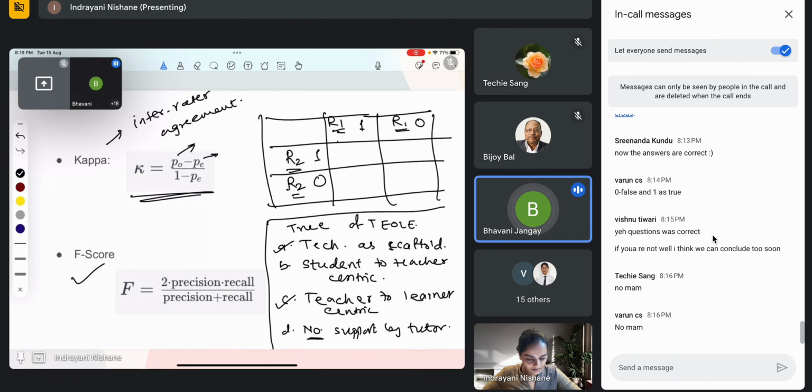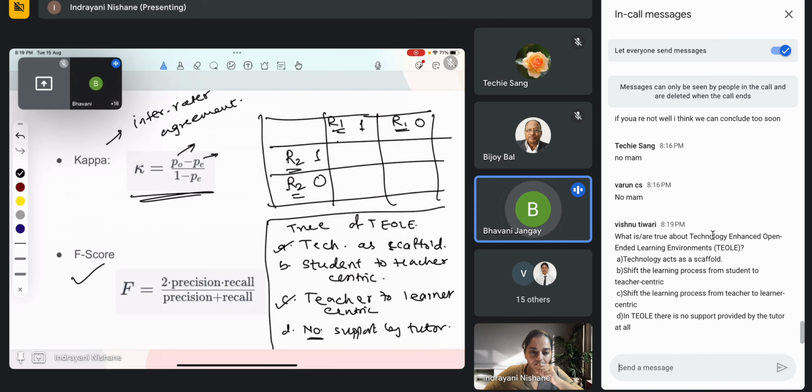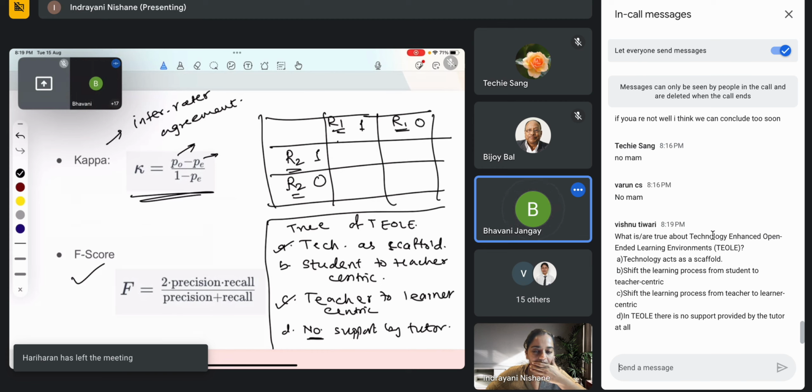We refer to sir's lecture notes. It says it's not that there is no support at all; there will be some support provided by a mentor or tutor in TEOLE. That option seems not to be correct, so the solution is incorrect.